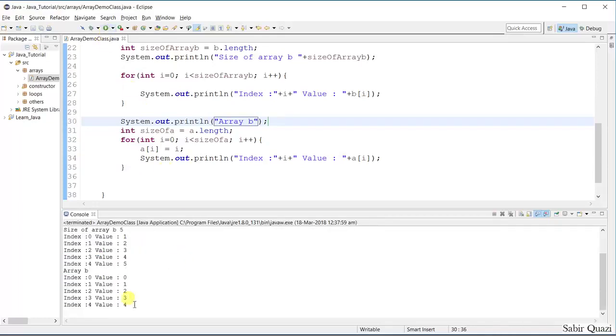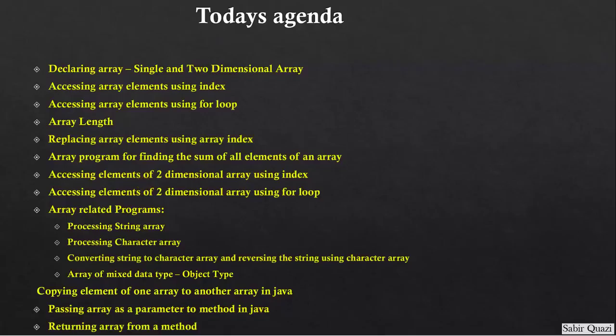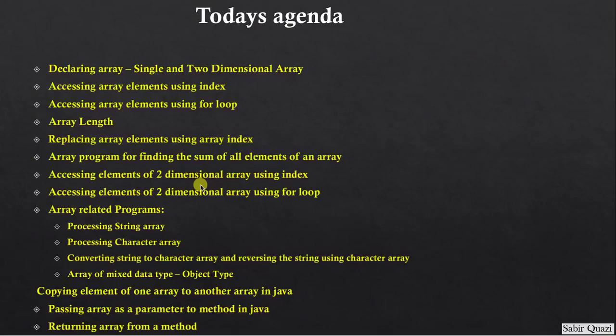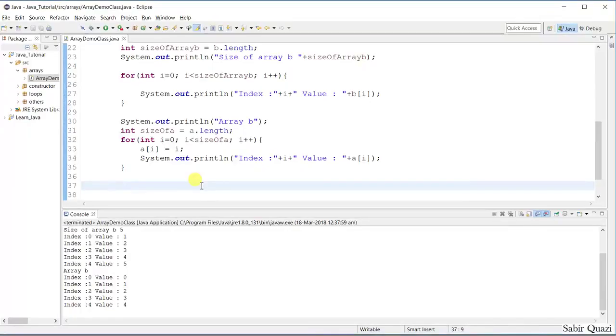Now array b. So in this way we can assign the values to an array as well by using a for loop. Now we can replace the value of a certain index. So this is a third way, like replacing the value of any element or of any index of an array, we can replace it.